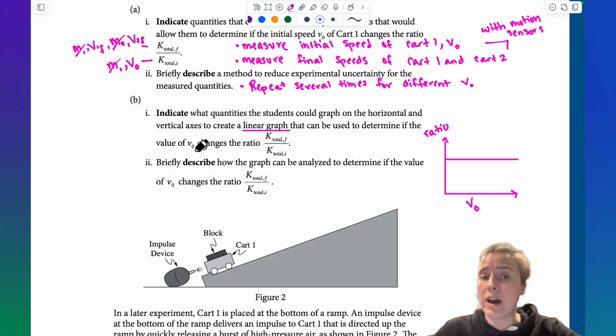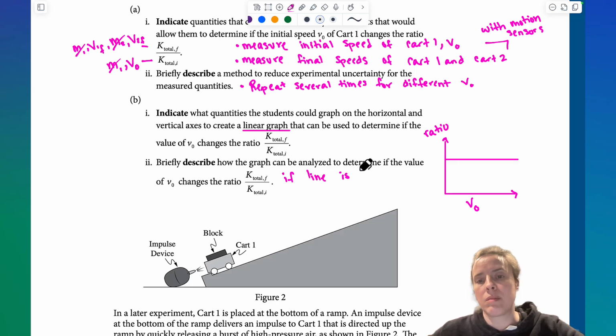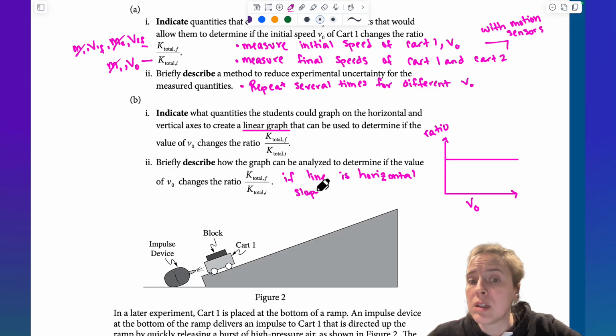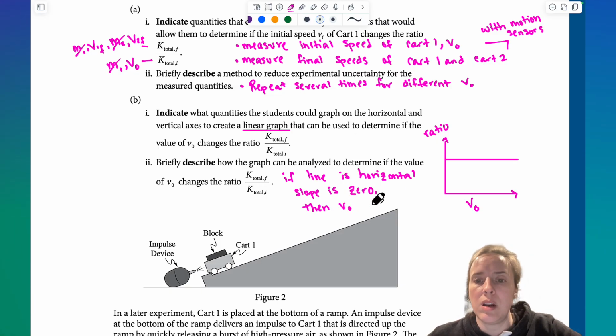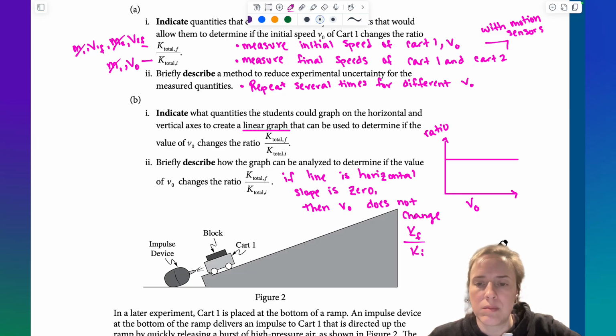So I could graph the ratio on the y-axis, the initial speed on the x-axis, and if the line is horizontal, we could also say if the slope is 0, because that's another way of saying the line is horizontal, then V naught does not change K final over K initial. Okay? Notice how we didn't actually have to solve anything. Really all I needed to know physics-wise in here was that kinetic energy depended on speed.